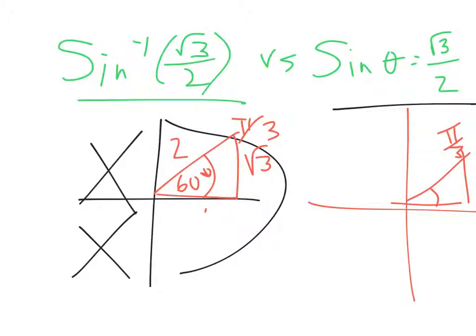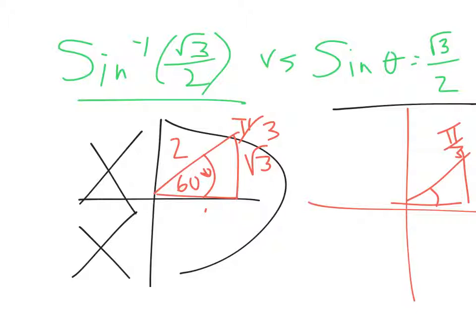But bottom line, you got two answers for this. Pi over 3 and then the other one. What was it? I know what you're thinking. This is 5 pi over 3, but you were thinking, oh, you have to say that as a negative angle. Did you see any inverse in this problem? Then it's not a negative angle.